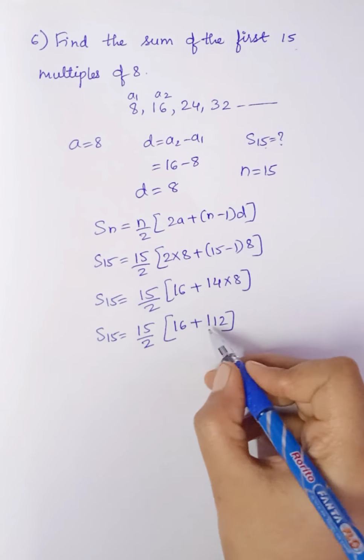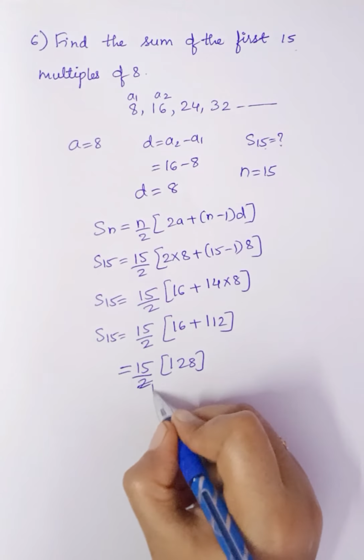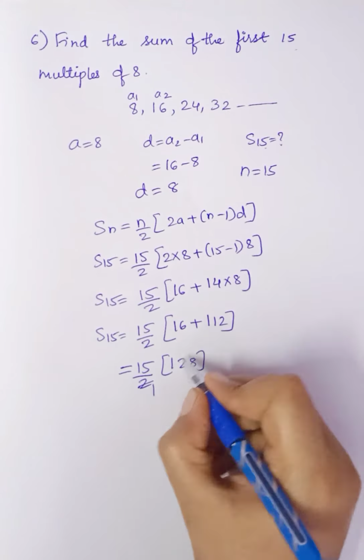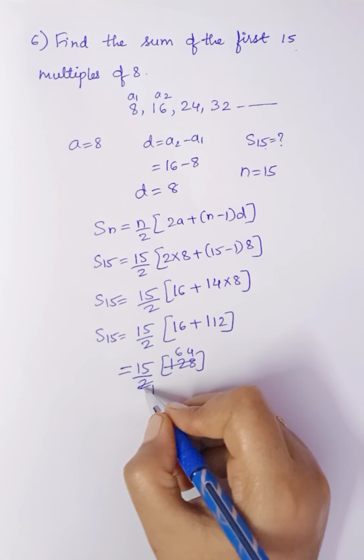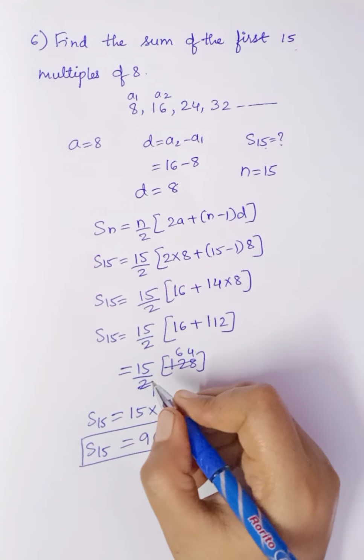So 15 by 2 into 128. 2 ones are 2, 2 sixes are 12, 2 fours are 8, so 128 divided by 2 is 64. So 15 into 64. 15 into 64 is how much? If you multiply these both, you will get 960. So the S15 value is 960. Okay, this completes the proof.